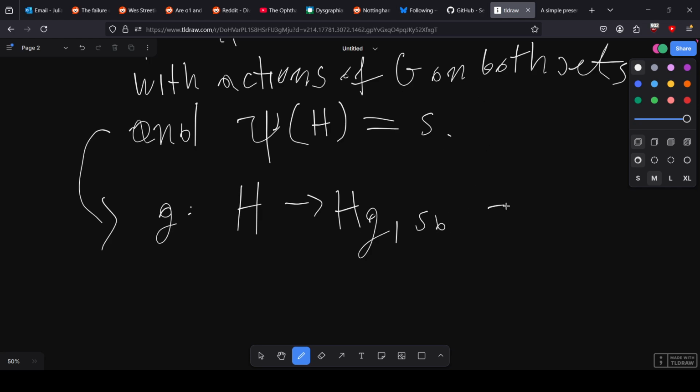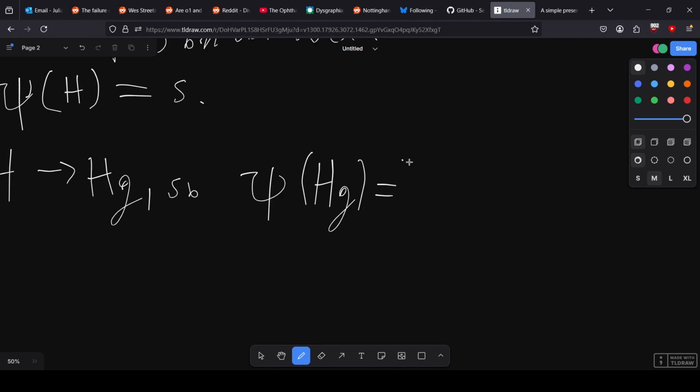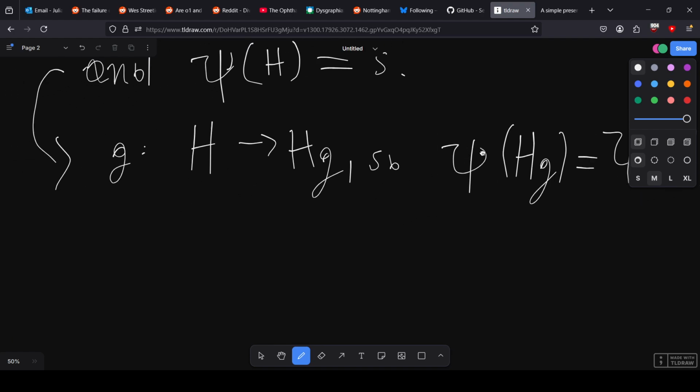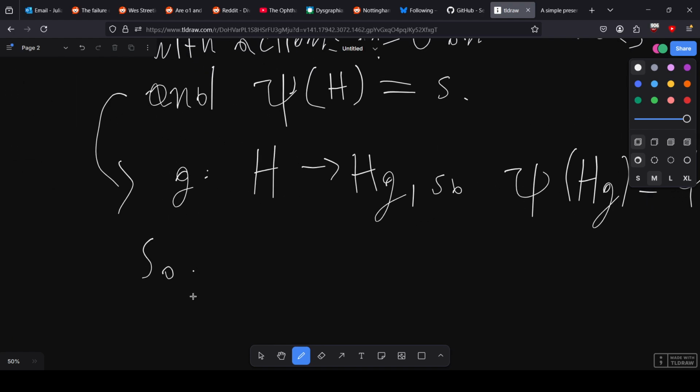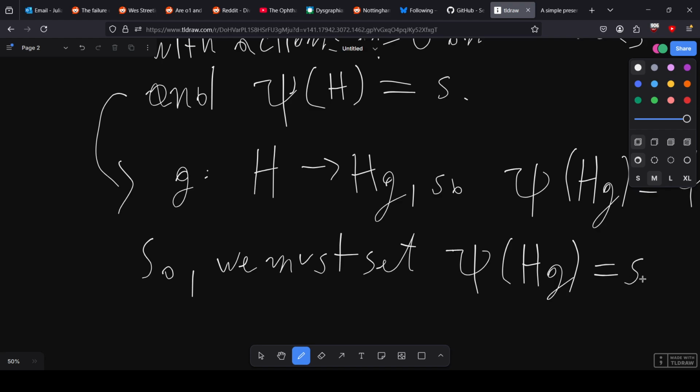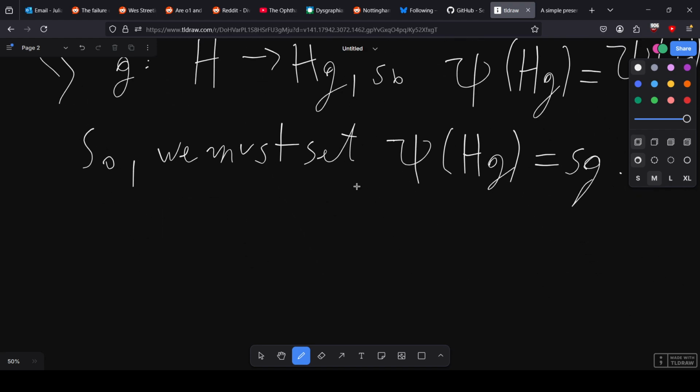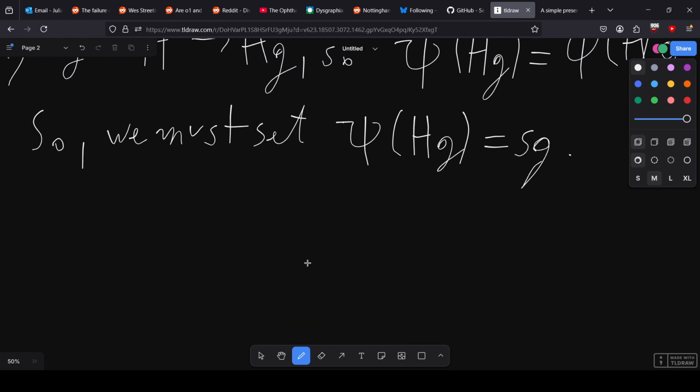So we are forcing psi of Hg to be equal to g acting on psi of H, wherever g is outside. Therefore, we must set psi of Hg to be equal to sg. This gives us uniqueness immediately because we have no other way of defining the map.